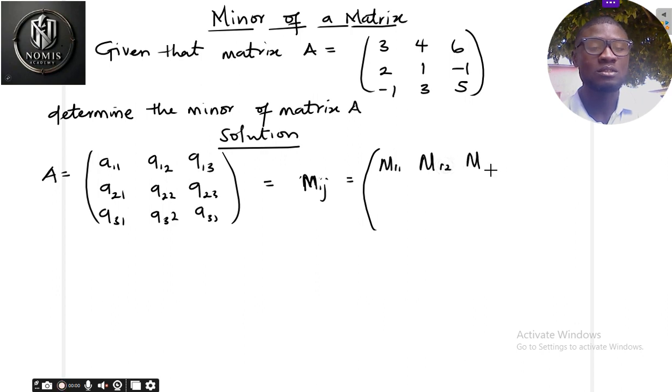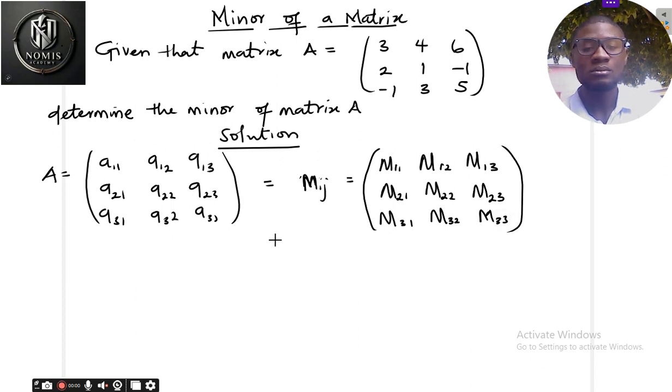So it continues like that with M13, M21, M22, M23, M31, M32, and M33. So let's do what we talked about. Hence, M11 is equal to, when everything in its row and column is deleted.